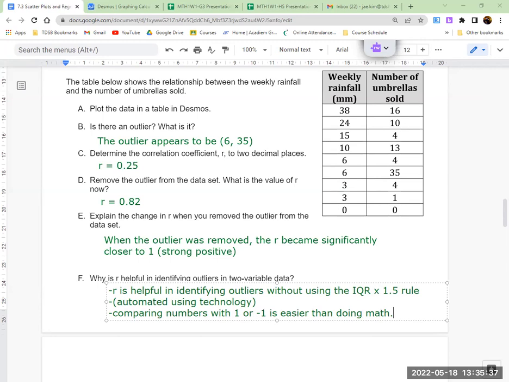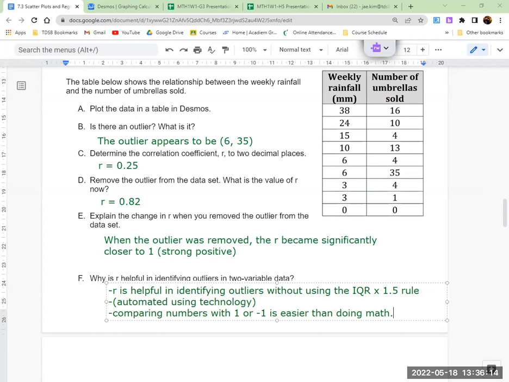There's so many things you could say, but just to save ourselves some time, it's easier to see if a number is getting closer to a 1 versus not. Using an IQR times 1.5 and seeing if the number is bigger or smaller than the number I got with the box and whiskers is still a lot of work, relatively speaking. Compared to this, putting in the data and asking to see if there is a relationship using the squares and stuff? Nice, it's easy, right?